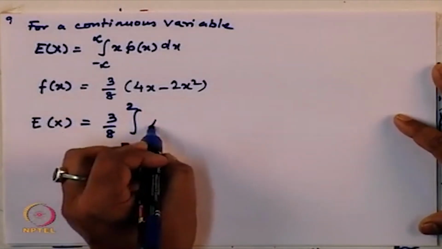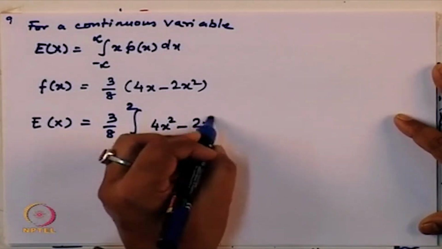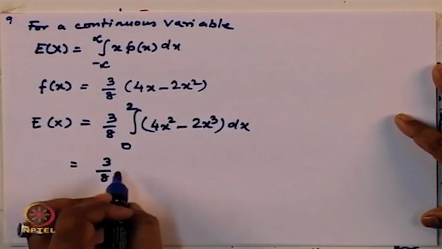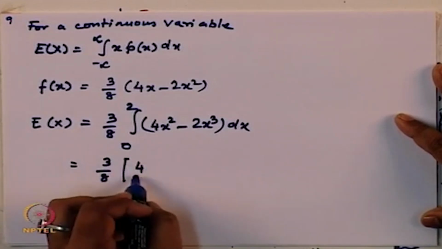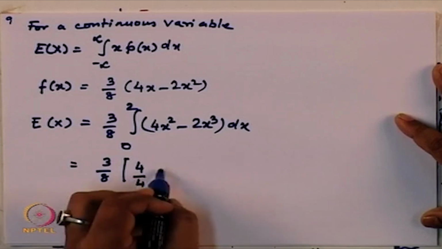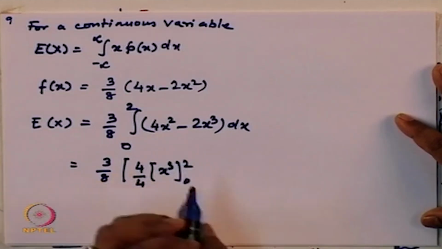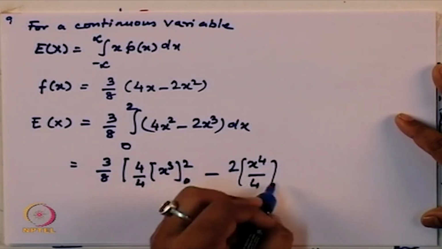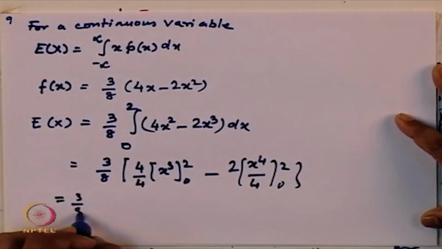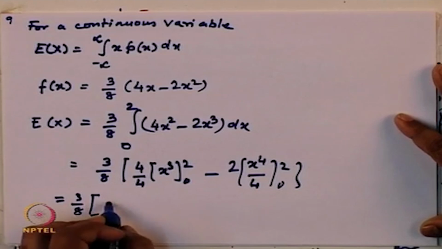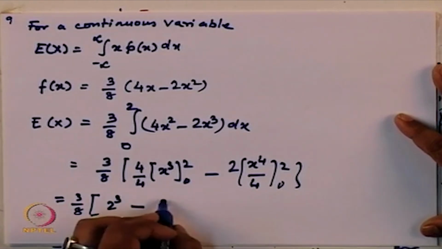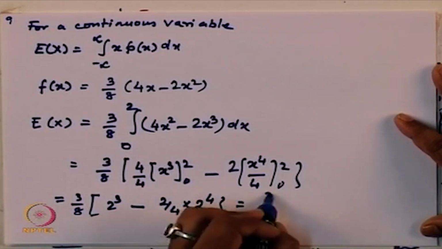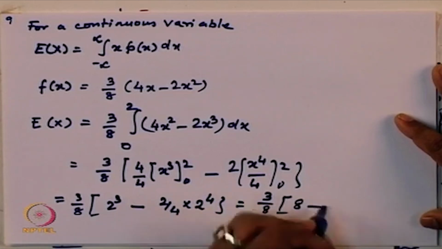So, you can have the integral of 4x square minus 2x cubed dx, equal to 3 by 8 times x cubed by 3 times 4, from 0 to 2, minus 2 x fourth by 4, from 0 to 2. Equal to 3 by 8. So, 2 cubed is what I get, minus 2 by 4 into 2 to the power 4.